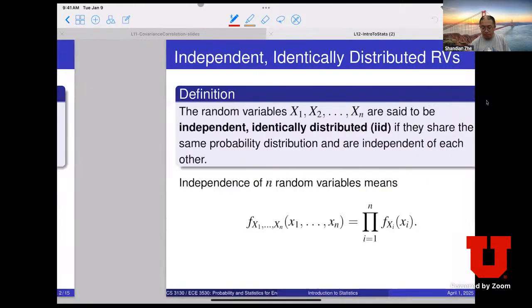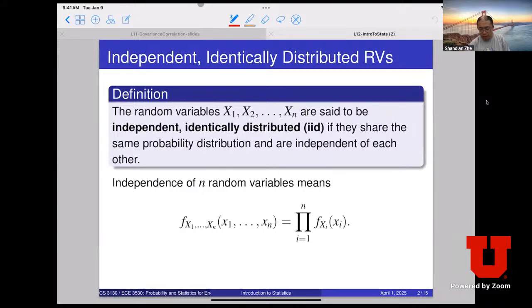In other words, if we want to write down the joint probability density function of these n random variables, it will simply be the product of the marginal probability density function of each individual random variable. Also, all the marginal density functions are identical, exactly the same form.